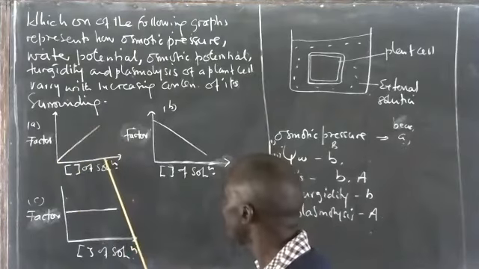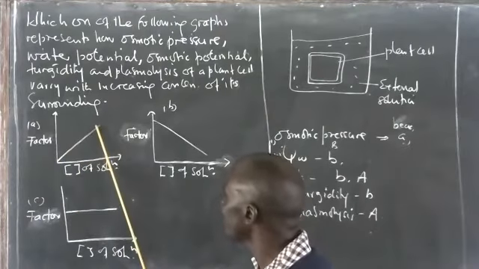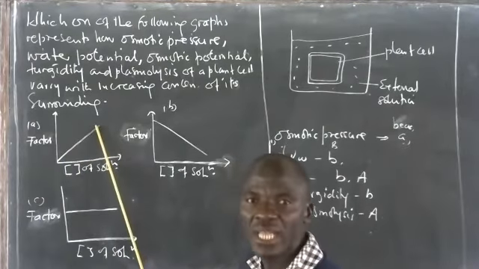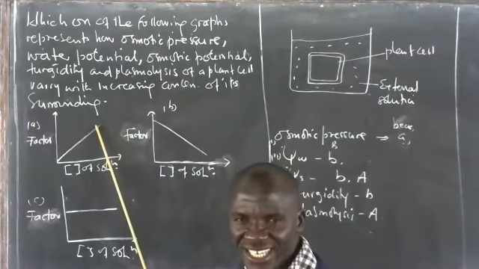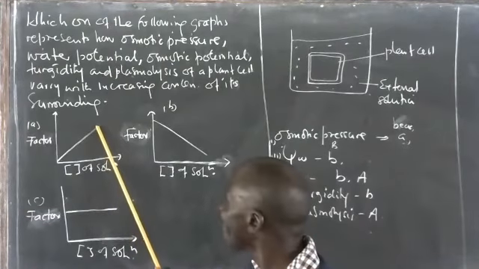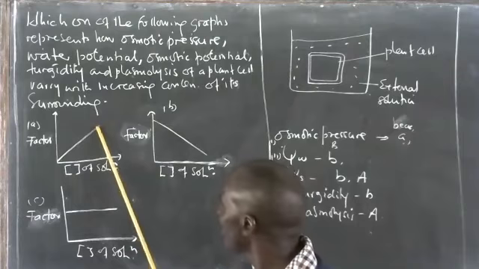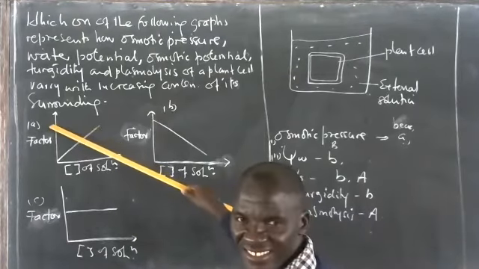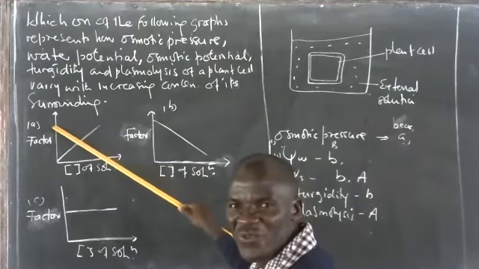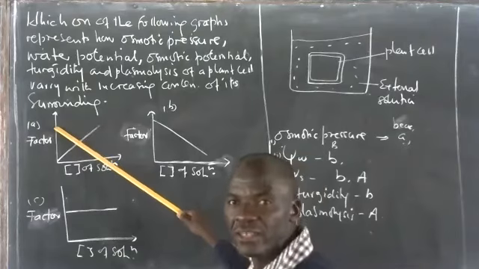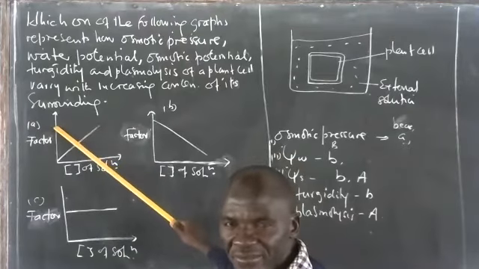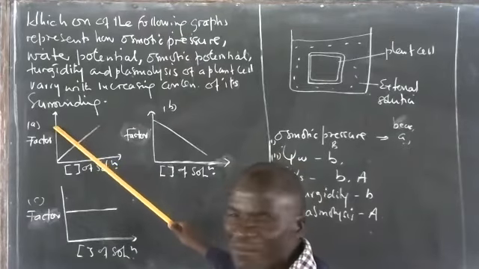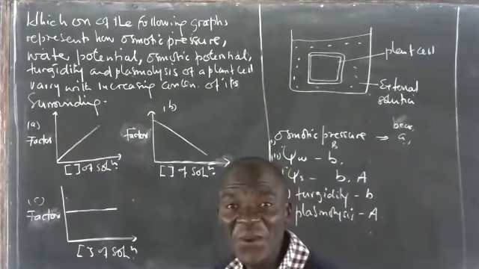Why? At this high concentration, the cell has lost too much water. So the cell will be highly concentrated, so its osmotic pressure will be high. And that means its ability to draw in water is very high, and its ability to lose water is very low.